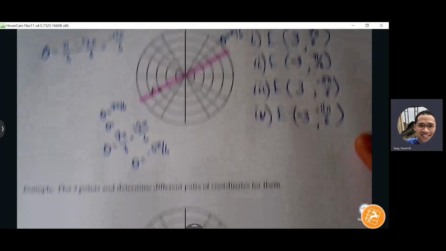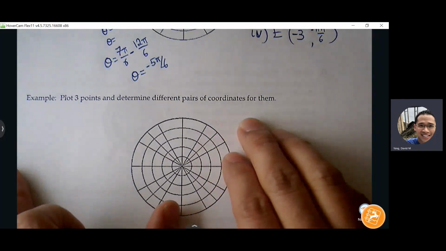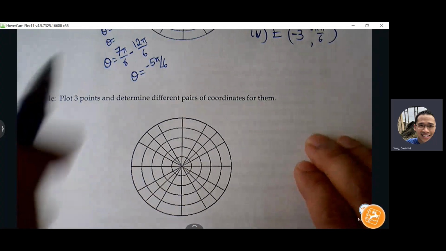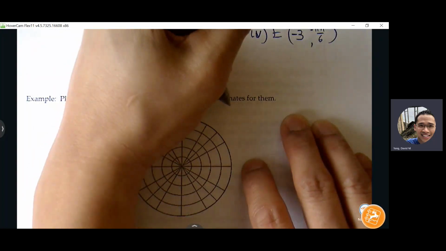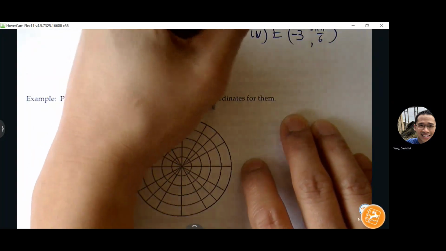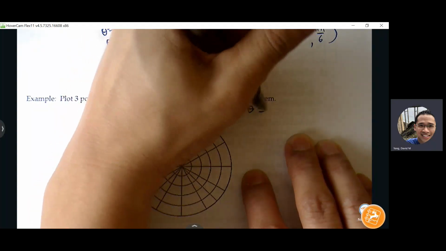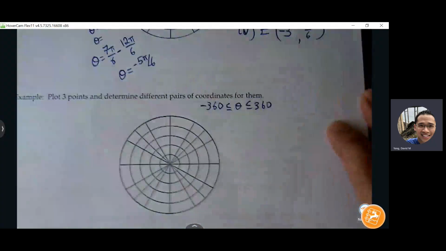Okay, so for the next example, I want you to do the same thing. Plot 3 points. Let's have this be between -360 and 360. So this one, let's practice using degrees.